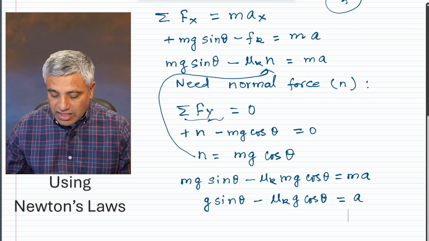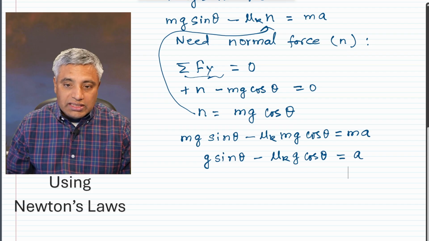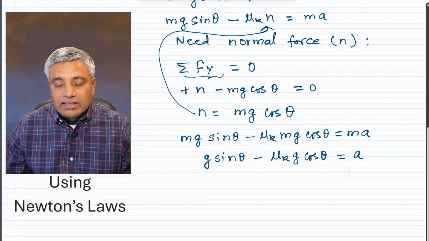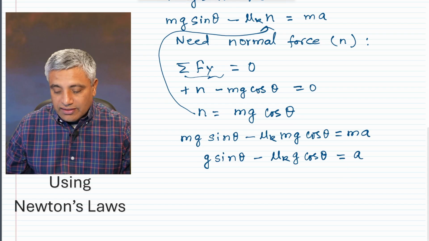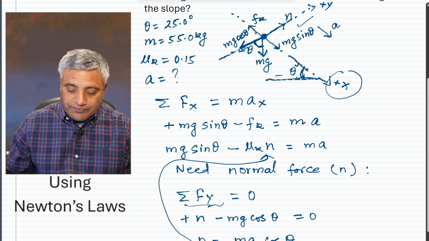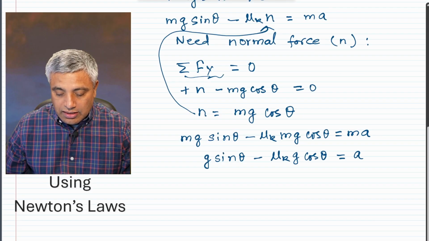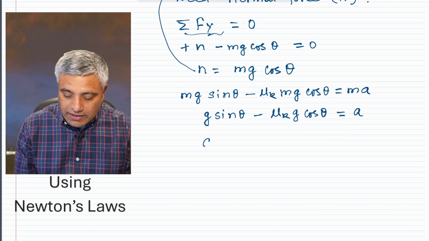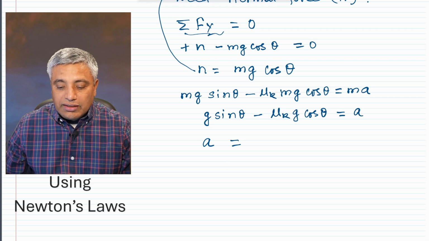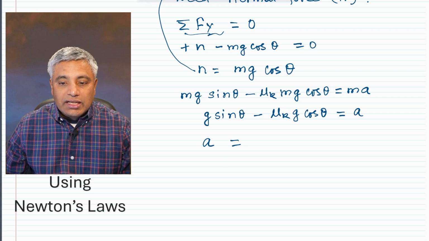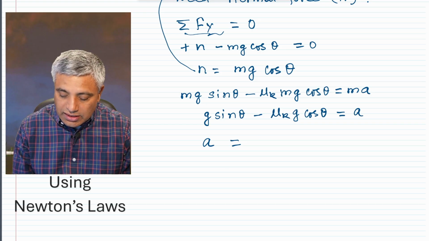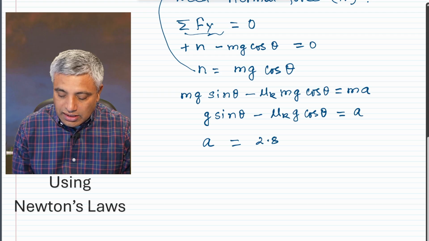So it is just a matter of plugging in numbers. The numbers we have already listed, and g is still 9.8. Once we plug in these numbers here, we can find the value of acceleration, and that turns out to be how much? Rounded to 2 sig fig, it is 2.8 meter per second.